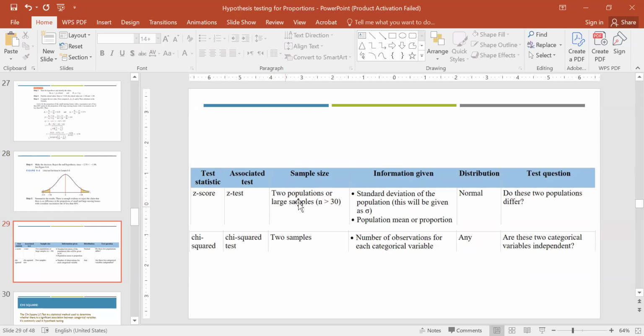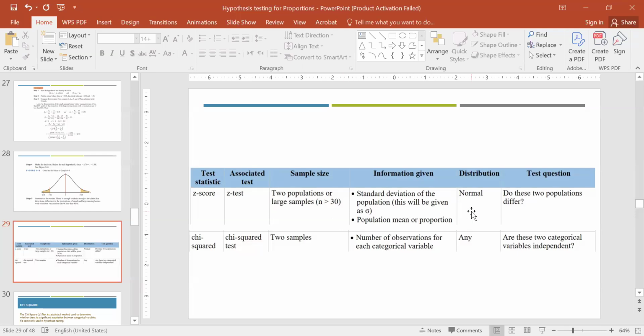The z-test is used when the sample size is large, like n is more than 30, while the chi-square test can be used for two samples of any sample size. For the z-test, the information given is the standard deviation of the population and the population mean and proportion. In case of chi-square, the number of observations for each categorical variable is given.